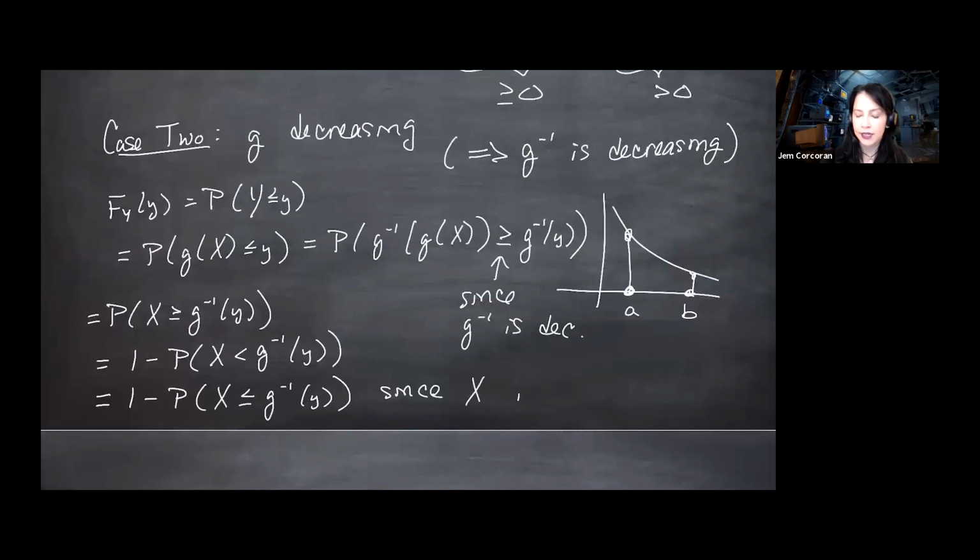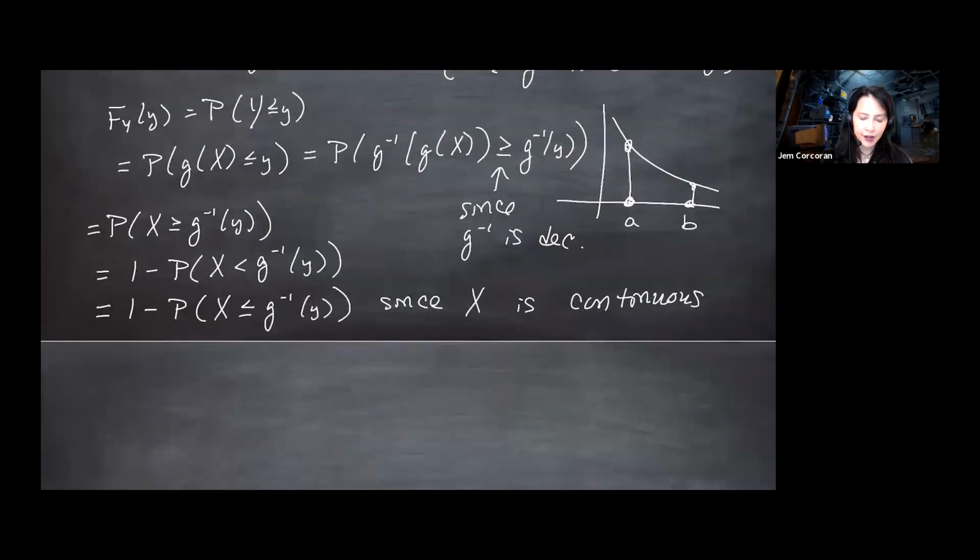Since X is continuous, we're just integrating area under a curve, and whether we include the line we're integrating up to doesn't change that probability. And so what we have here is the CDF for Y written as 1 minus the CDF for X evaluated at g inverse of y. And then we can get the PDF by taking the derivative, another chain rule action.